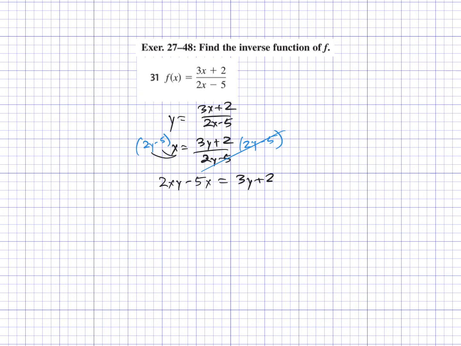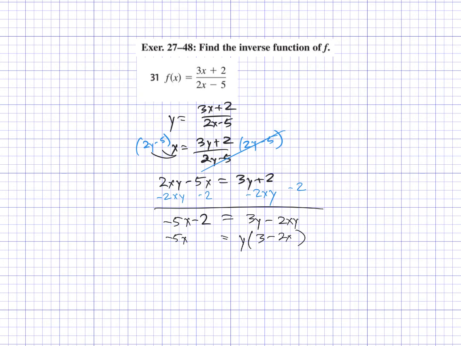So let's now get our y terms on the same side. So we're going to subtract 2xy to the right and also subtract 2 to the left here. Do two things at once. So we get negative 5x minus 2 equals 3y minus 2xy. And now we can factor out a y from the right to get it by itself, and we get 3 minus 2x inside.